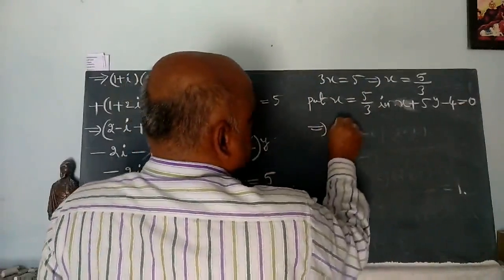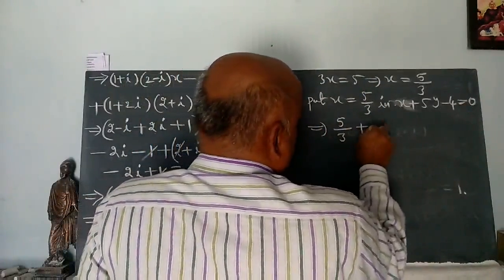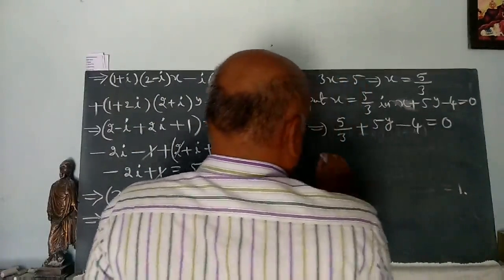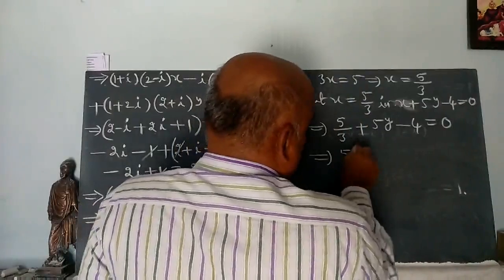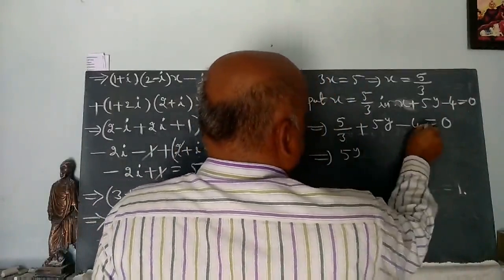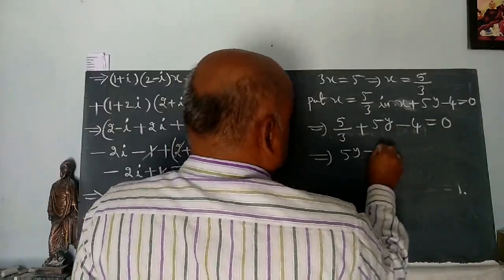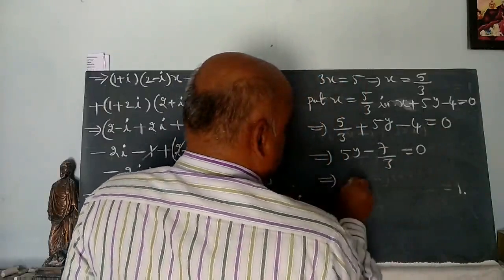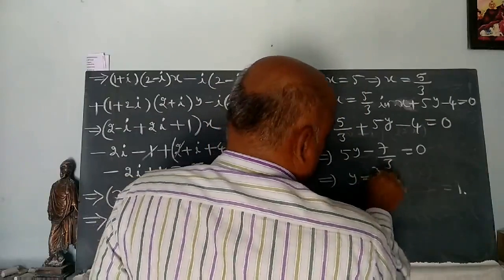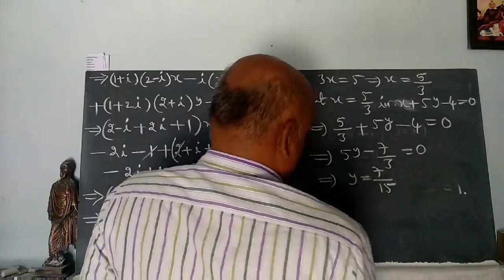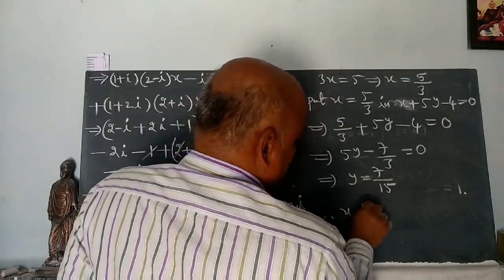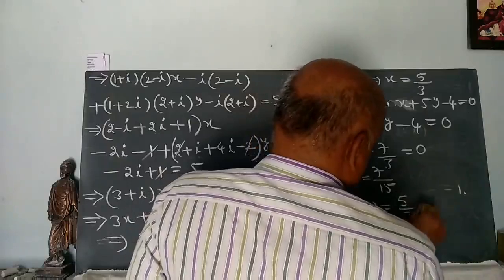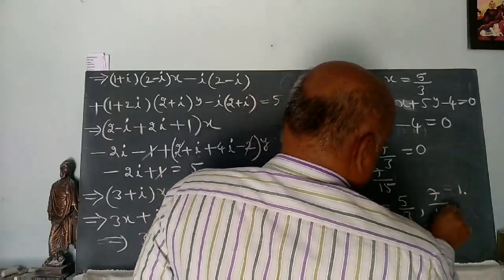So this implies 5 by 3 + 5y − 4 is equal to 0. This implies 5y, 3 fours are 12, minus 12 plus 5 is minus 7 by 3, is equal to 0. This implies y is equal to 7 by 15. Therefore, x, y values are 5 by 3, 7 by 15.